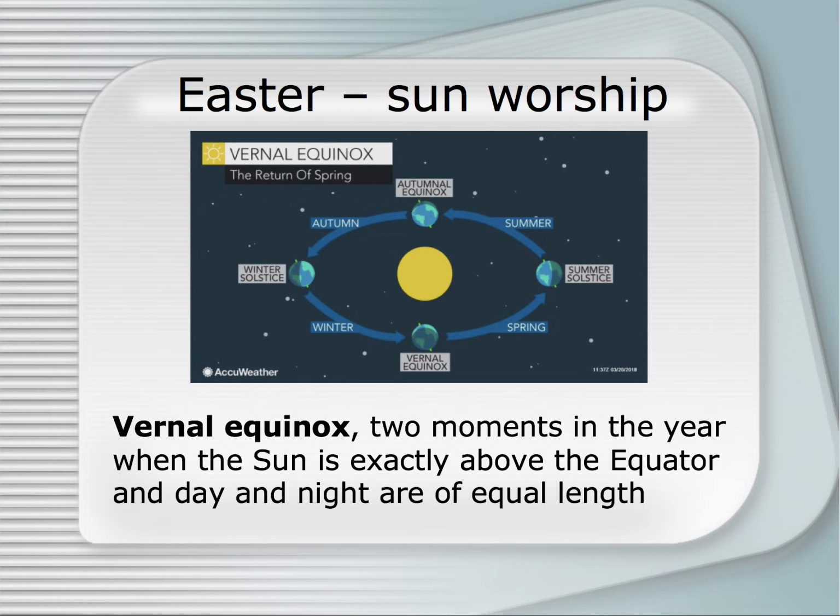What's the vernal equinox? The vernal equinox is when the sun is right over the equator, and as a result, the length of the day is exactly the same as the length of the night.